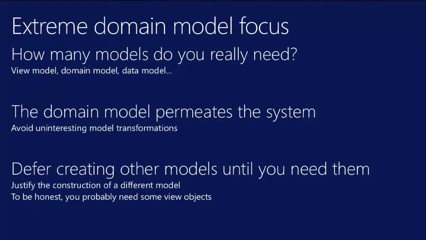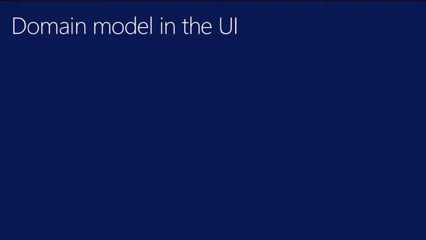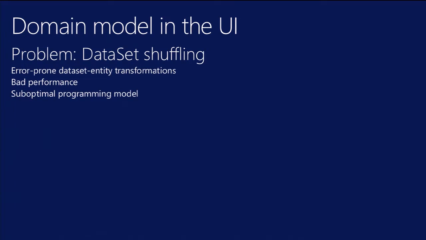So I'm going to talk about 2 examples of what we did when we created this system. So first of all, we said, let's have the domain model in the UI. And the problem we tried to address was this that I talked about before, the dataset shuffling.